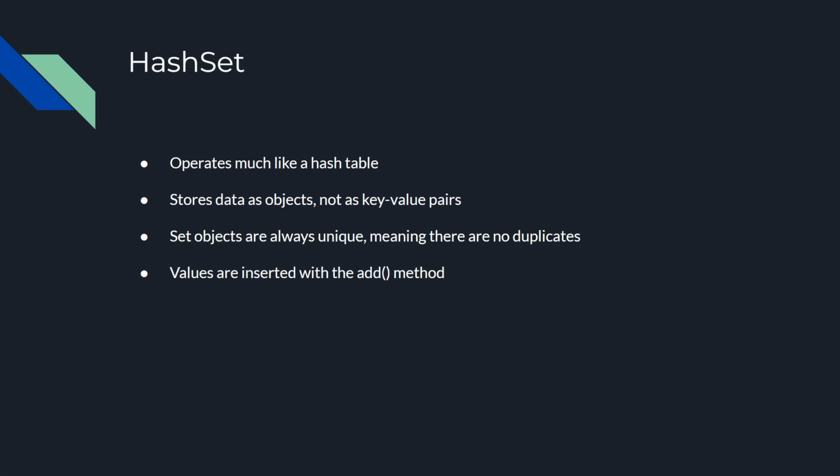This is really important because set objects are unique, which means you can't insert duplicate objects that have the same value into a hash set. And while hash tables use the put method, hash sets use the add method. This is a relatively minor difference, but it's worth noting when you implement these in real coding.